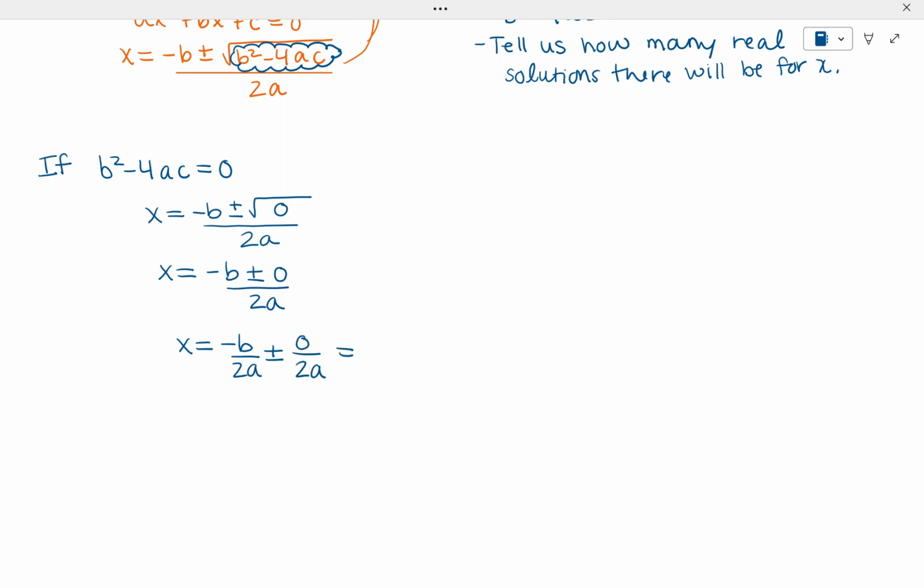And 0 over 2a is 0. And so then you would have negative b over 2a plus or minus 0, or plus or minus nothing, which is just negative b over 2a. So x equals negative b over 2a.